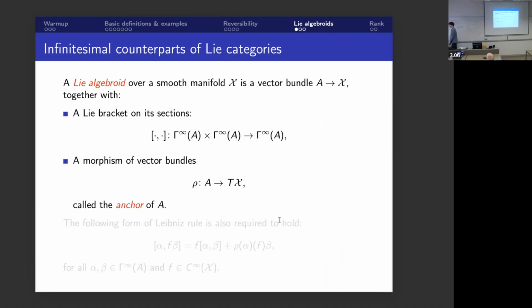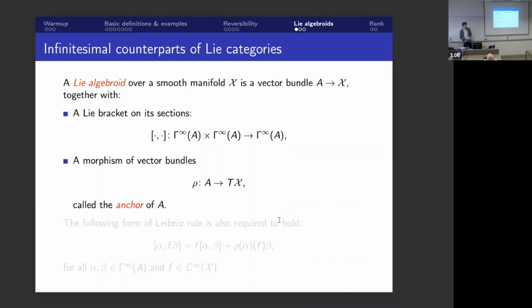Now for the next thing, what I want to discuss is the infinitesimal structure of any Lie category. We have the notion of a Lie group and the notion of a Lie algebra. To any Lie group, we can associate a Lie algebra, right?